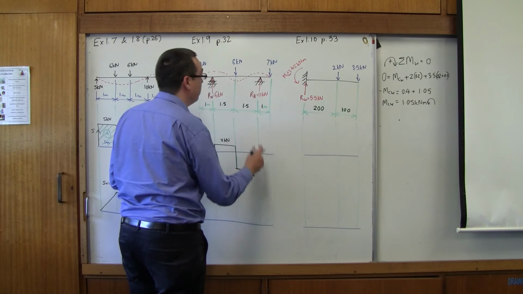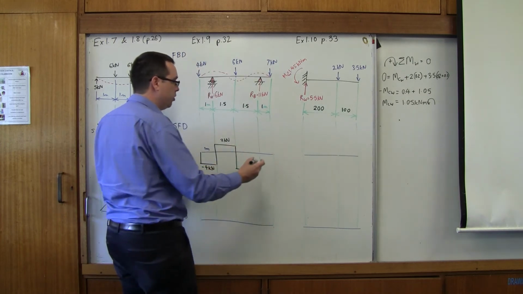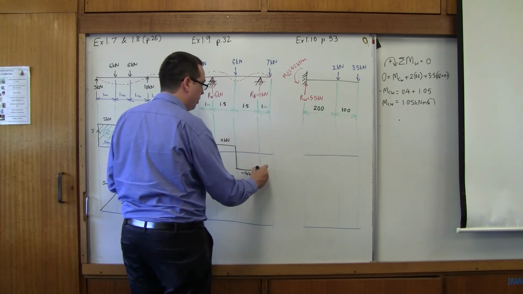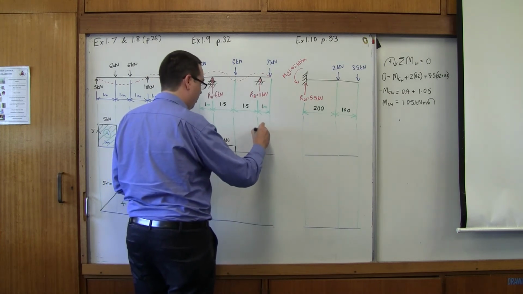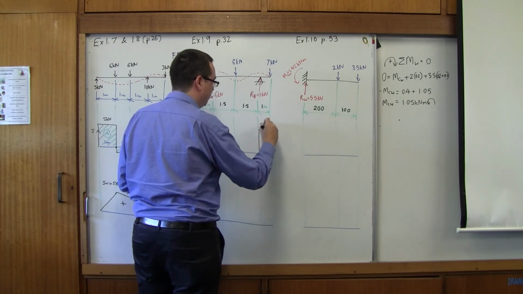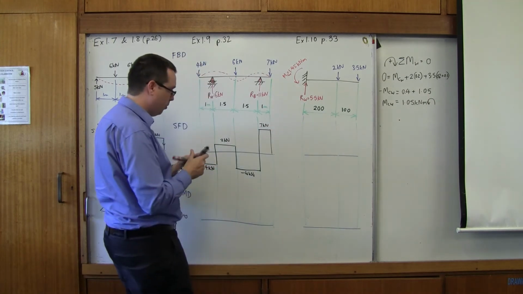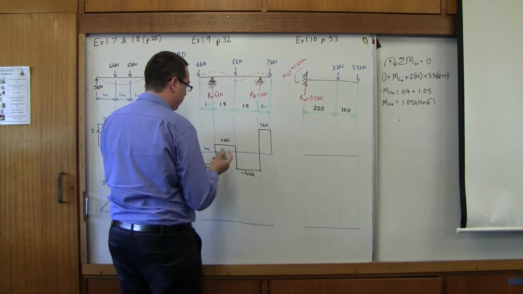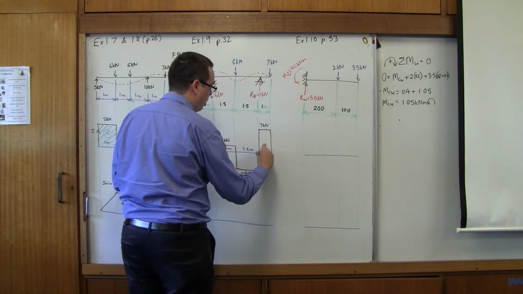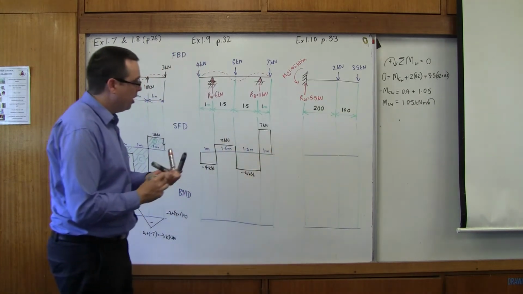But hey, things do pick up. So they've gone from -4 plus 11 equals 7. We go up and we're at 7 kilonewtons. Now I'm going to label this quickly. The distances are 1.5 meters, 1.5 meters, 1 meter. Okay, that's our shear force diagram.